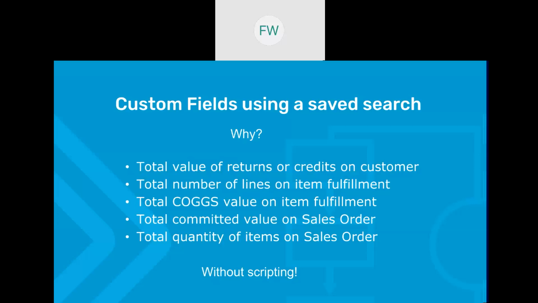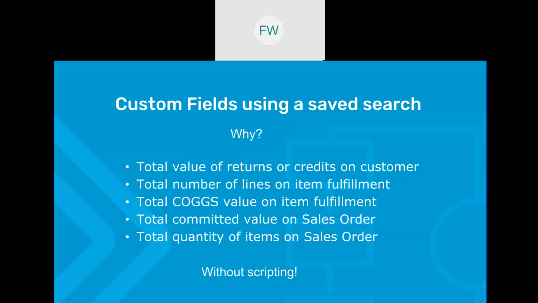Total number of lines on an item fulfillment, the total cost of sales value on item fulfillment. A field on your sales order which shows you the total value of the committed line items, so you know the value of the invoice you're about to issue for that particular sales order after you've done the item fulfillment, or the total quantity of items on a sales order.